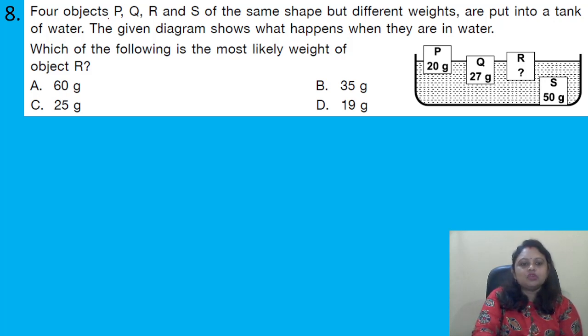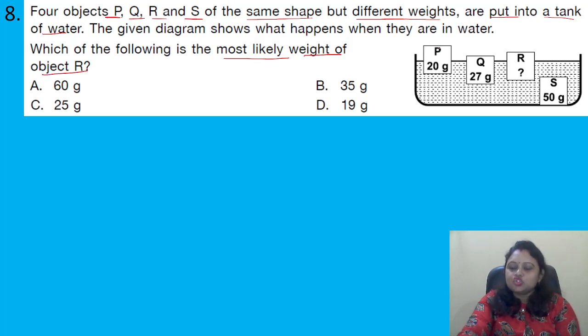So, some are floating on the water, some sink. Here we have to find the most likely weight of the object R. P is 20, Q 27, R is to be found out.